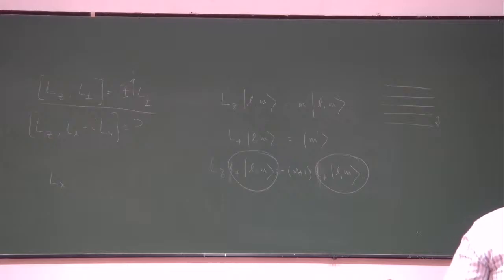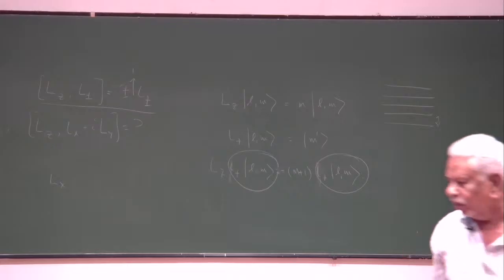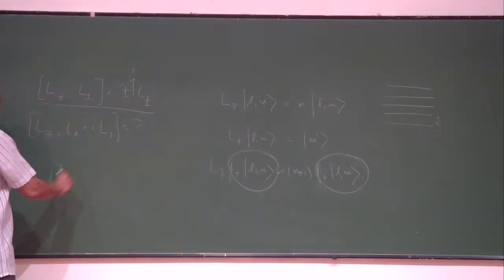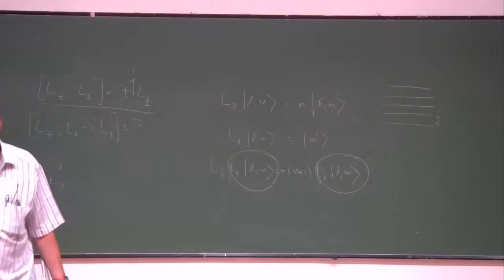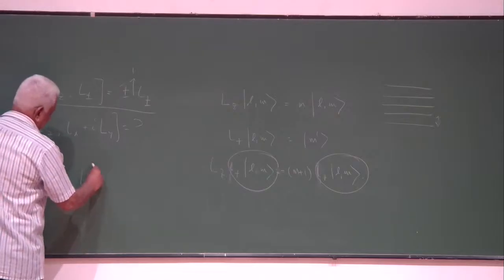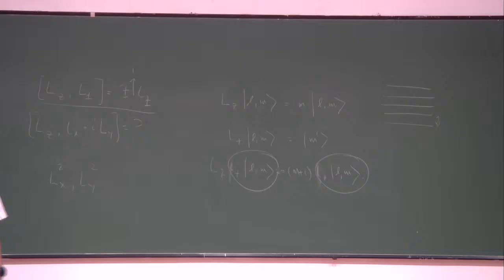Will Lx square have negative eigenvalues? It will not. That kind of matrix is called a positive definite matrix: if all eigenvalues are positive, it is positive definite. Similarly, Ly square is also positive. It will have only positive eigenvalues.